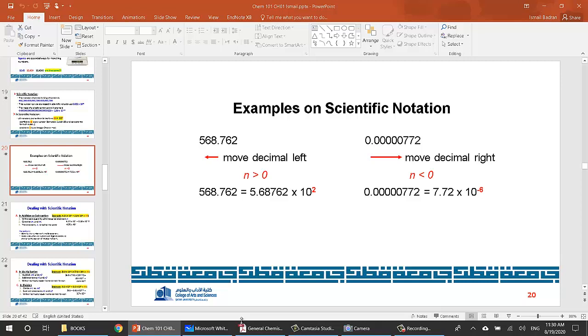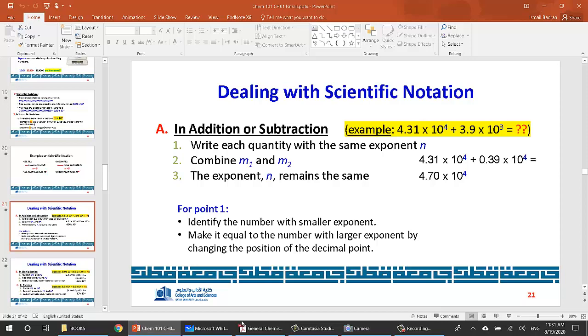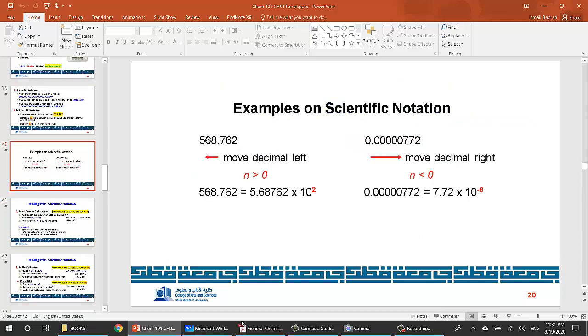If you want to move it to the right, as in the second example, if you count the spaces, we're moving it from the first place to between the two sevens. So that would be 7.72 times 10 to the power minus 6. So you can practice this as well.